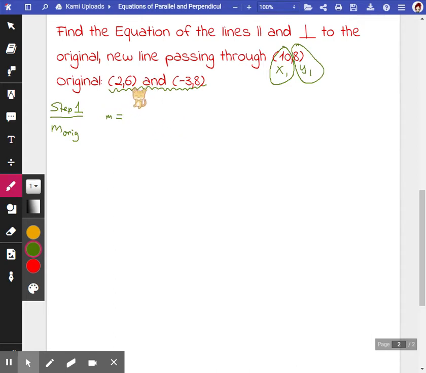So slope equals rise over run. Rise is the change in y, so I'm going to subtract my y coordinates. And then run is the change in x.